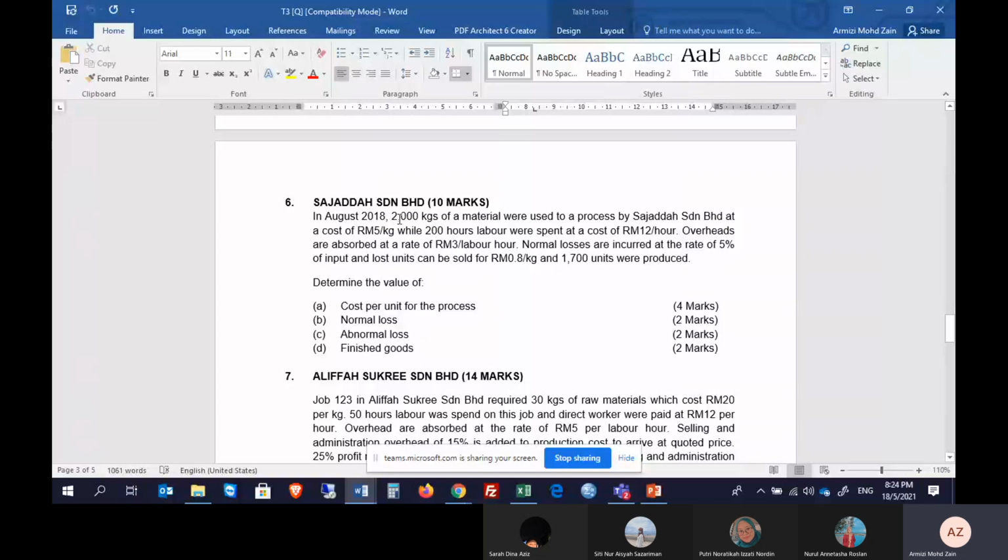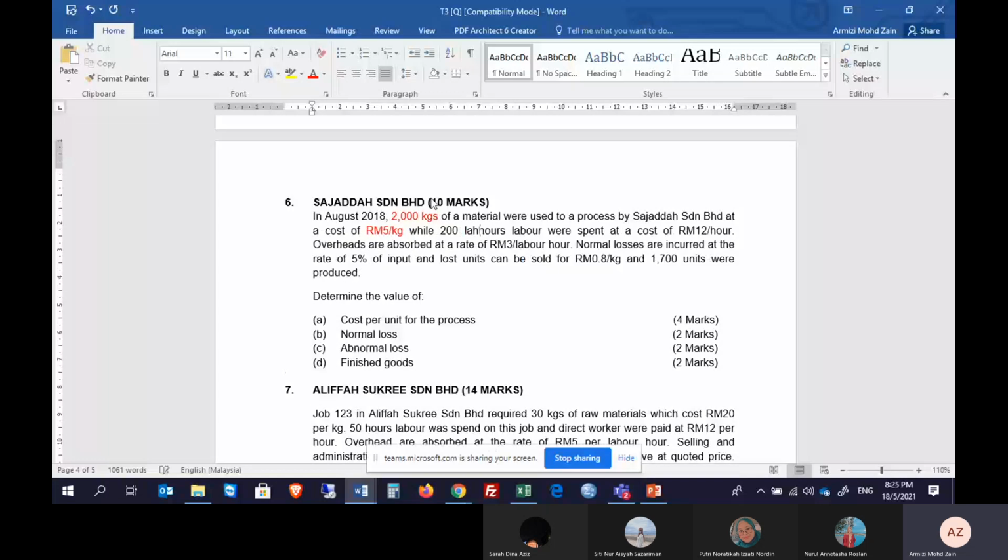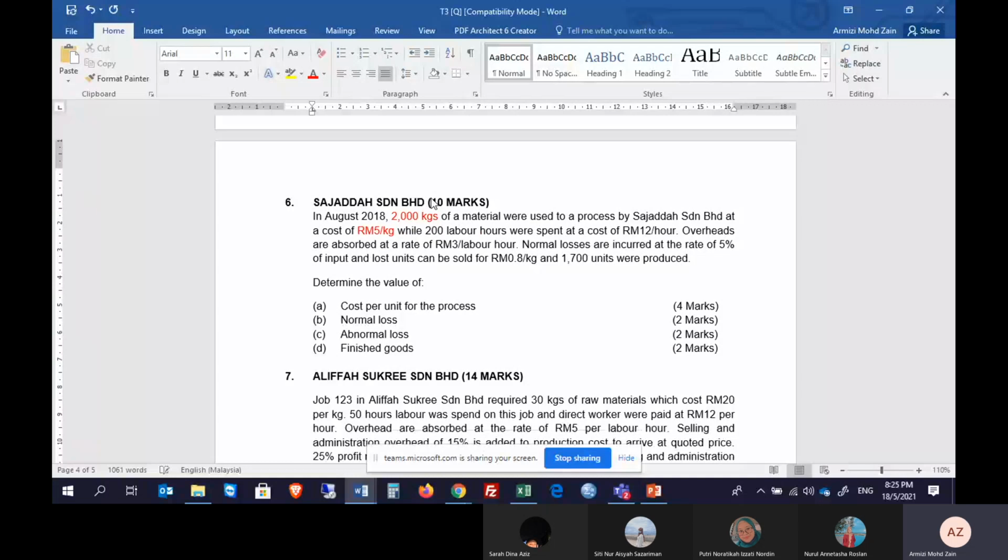Okay, in August, 2,000 kg of material were used in a process by Sajadah Berhad at a cost of RM5 per kg, while 200 labor hours were spent at a cost of RM12 per hour.